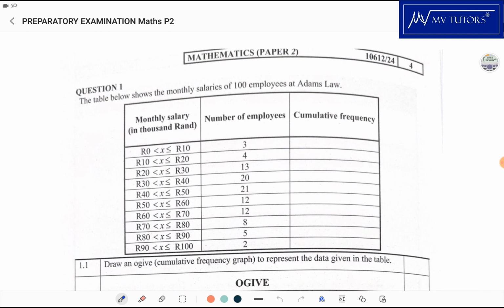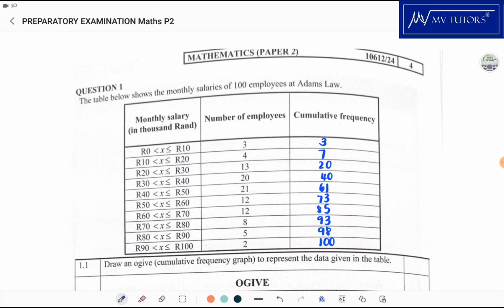Here we have 3 plus 4, that's 7, plus 13, that's 20, and then plus 20, that is 40, and then plus 21, that is 61, plus 12, that is 73, plus another 12, that is 85, plus 8, that is 93, plus 5, that is 98, plus 2, that is 100.